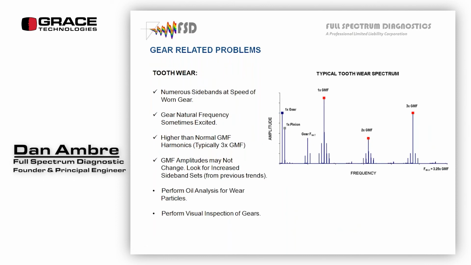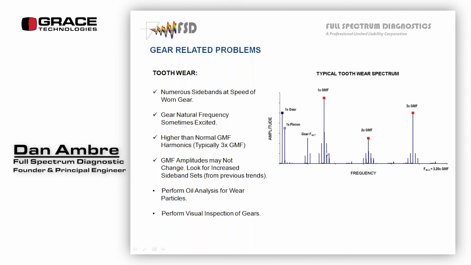Tooth wear: numerous sideband sets at speed of the worn gear. So the sideband sets are here. So I have my gear mesh 1, 2, and 3 times gear mesh. As looseness gets worse and worse, I'm going to generate more sidebands, plus or minus 1 times RPM of whatever either gear or pinion is loose.